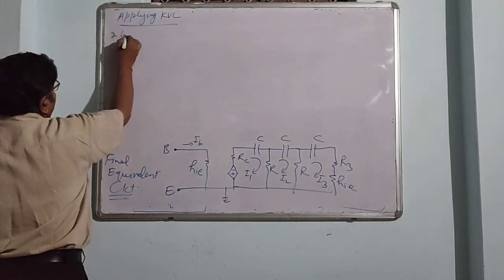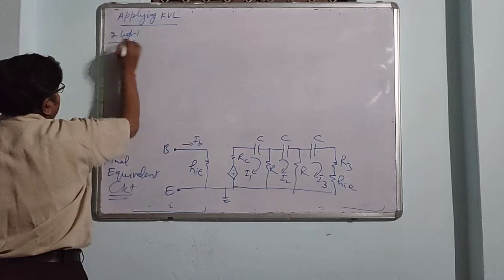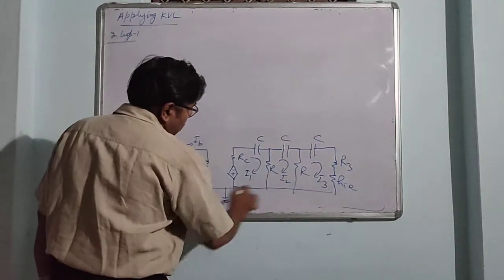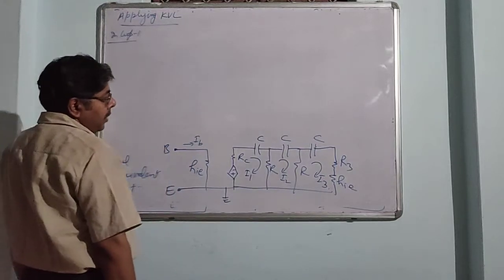In loop 1, or the first loop, this is the loop direction.